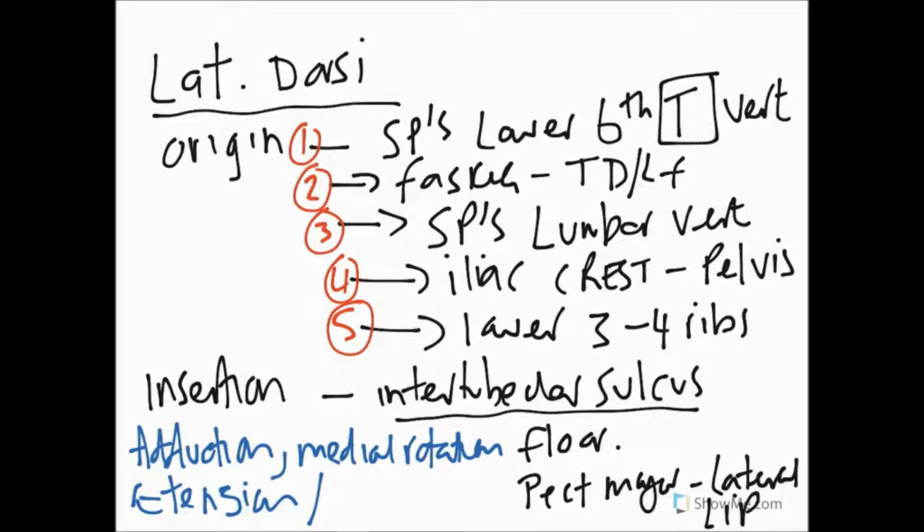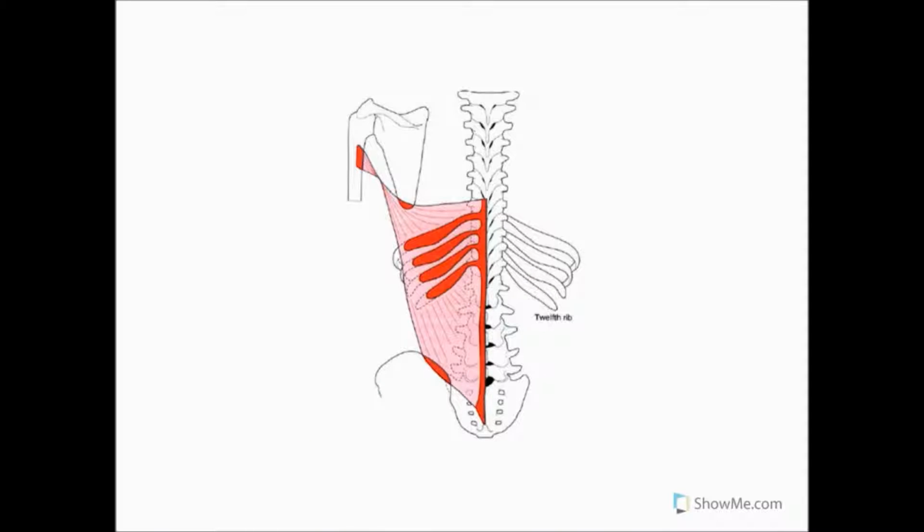So let's now have a look at a diagram where we can have a look at these attachments. So let's just have a look at this diagram and point out some of the things we're looking at. We can see vertebrae in here. We can see some ribs in here. This is highlighting particularly the structures which have a connection with lat dorsi. You can see the muscle of lat dorsi in pink.